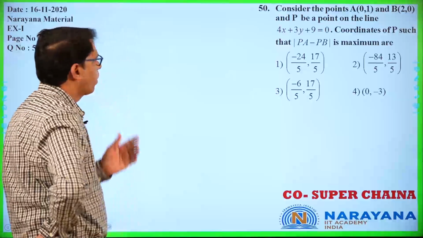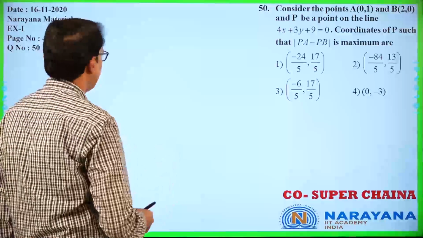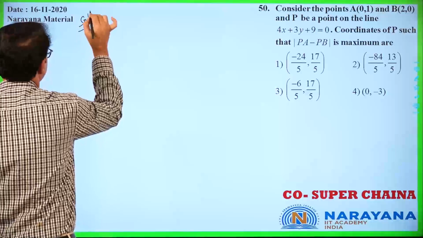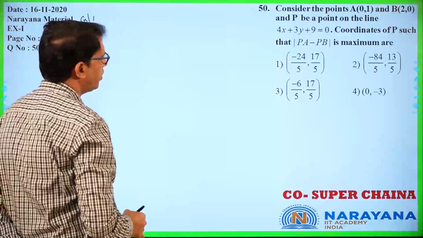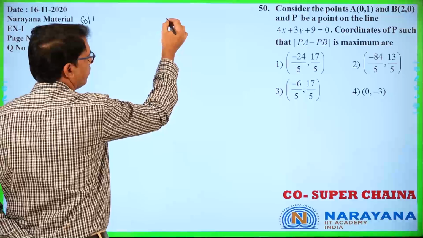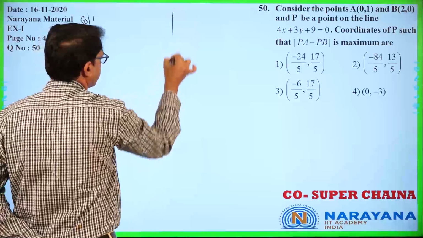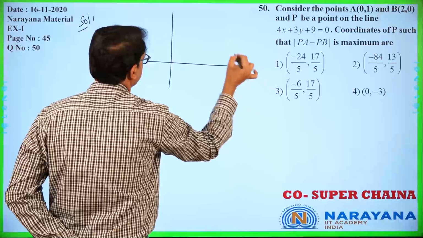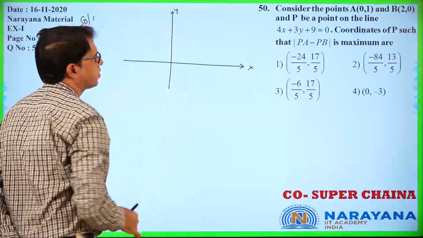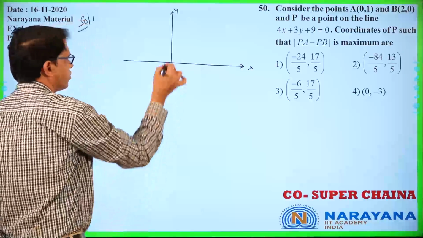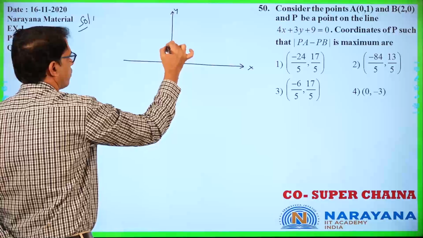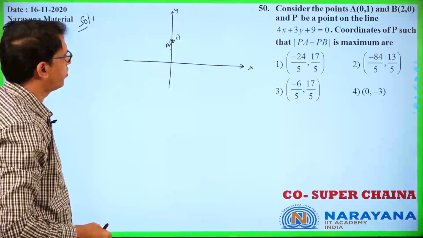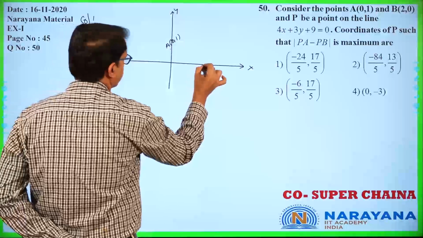Okay. Now plot the points on the graph. See here, if you take the coordinate axis, x and y, somewhere A(0,1) lies on the y axis, then B(2,0) lies on the x axis.